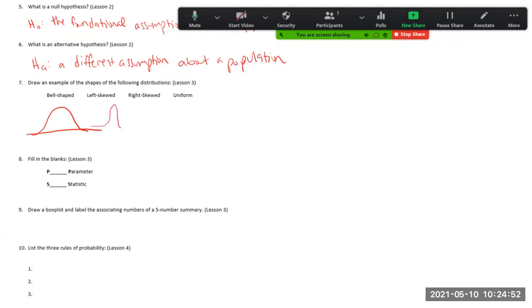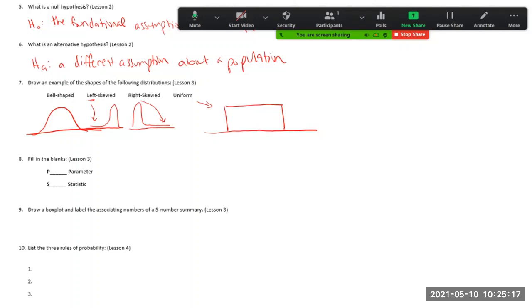And then the right skewed has a lot in the left and a few in the right tail. So it's easier to remember the left skew has a few in the left tail and the right skewed has a little bit in the right tail. And then uniform is exactly what it sounds like. It's going to be pretty straight, pretty boring, but that comes from random number generators and stuff like that.